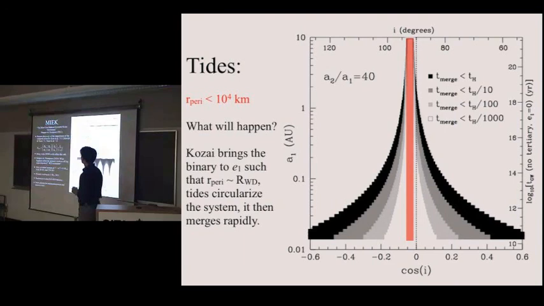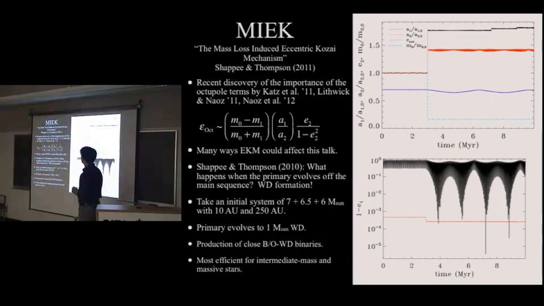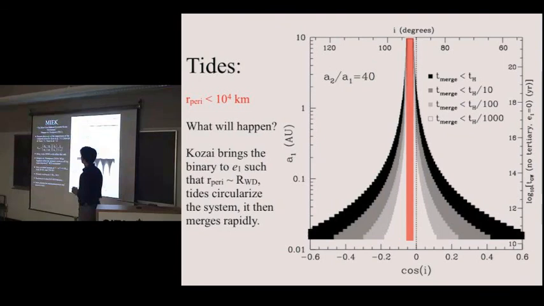So what you can have is your inner binary is doing its normal Kozai thing, and if this term, epsilon octupole, the strength of the octupole term, which depends on the ratio of a's, on the outer eccentricity, and on the mass difference, is large, the inner orbit can actually flip with respect to the outer orbit, and the eccentricity can dive to 1 minus 10 to the minus 4 or 1 minus 10 to the minus 5.